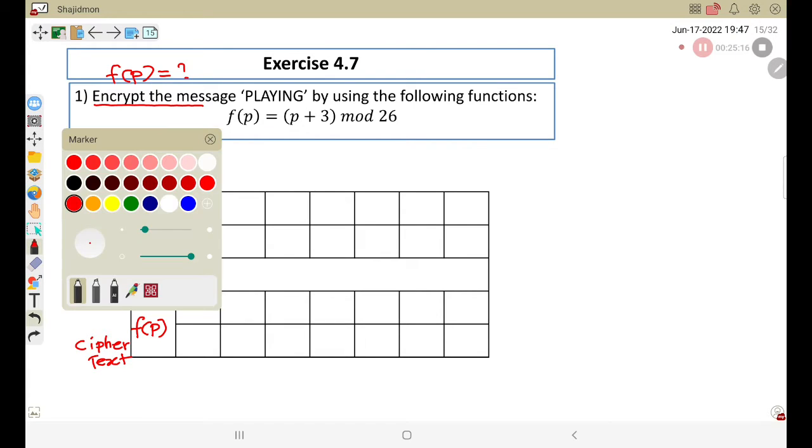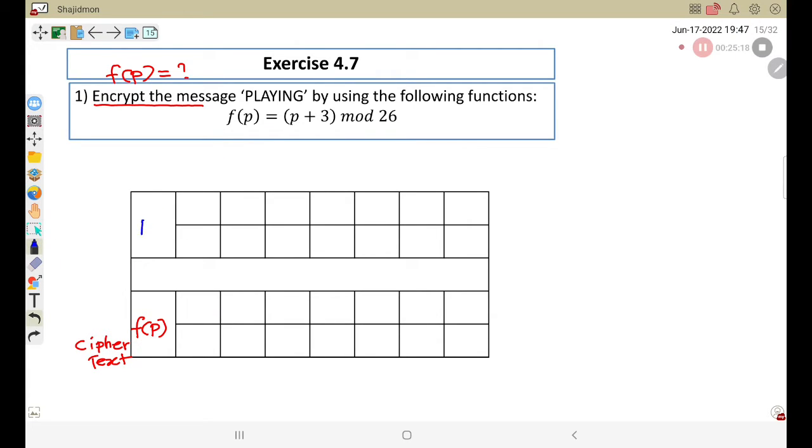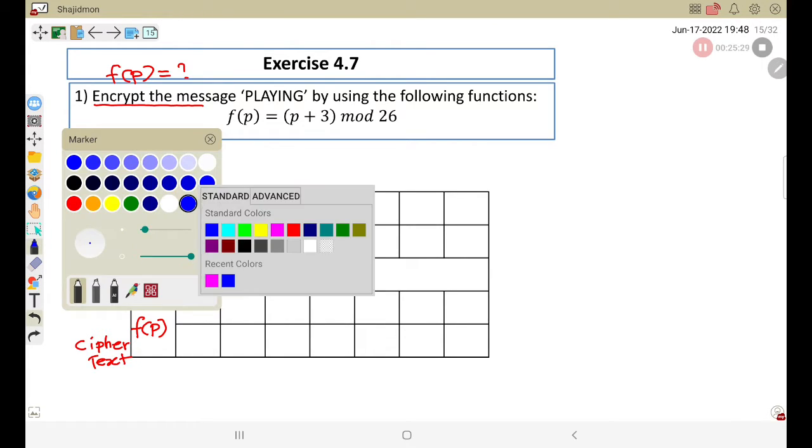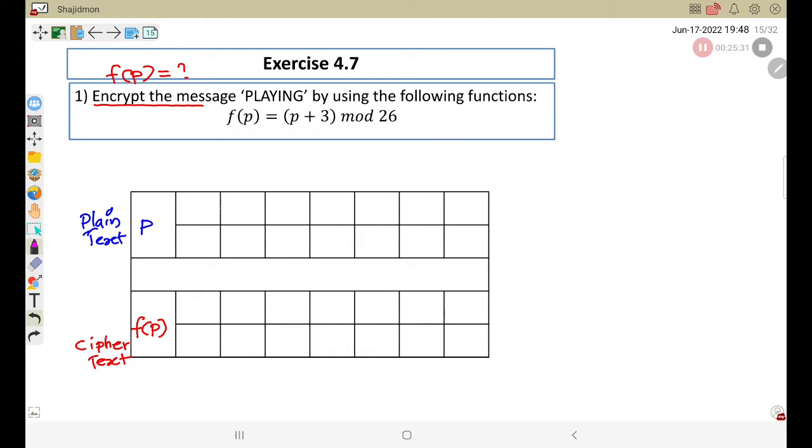What is given? P, the plain text, is given, and we need to calculate the cipher text. So first I am writing the plain text, which is P L A Y I N G. First write the letters one by one.